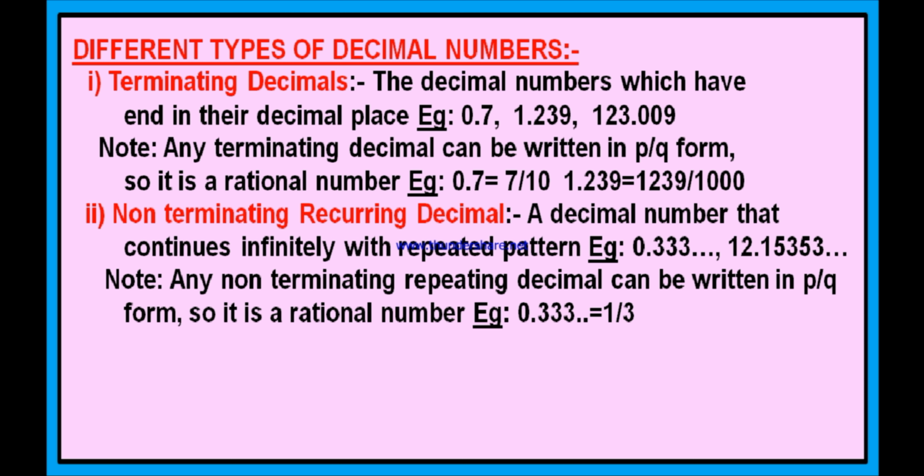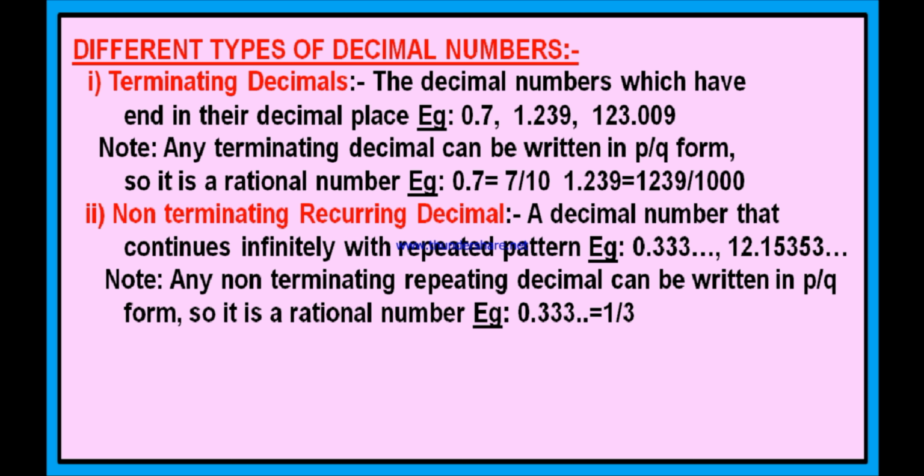If you divide 1 by 3, then what will be the quotient? You once check. If you divide 1 by 3, you will get 0.333 and so on. It has no end. Therefore, it is non-terminating. And this 3 is repeating. Therefore, it is a non-terminating recurring decimal. Every non-terminating repeating decimal can be written in the form of p by q. Therefore, it is a rational number.